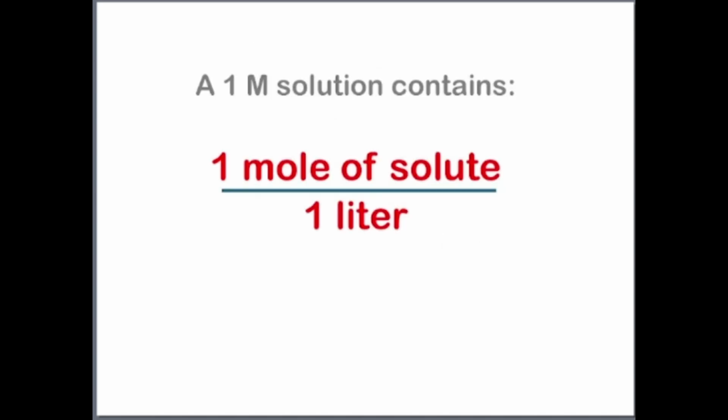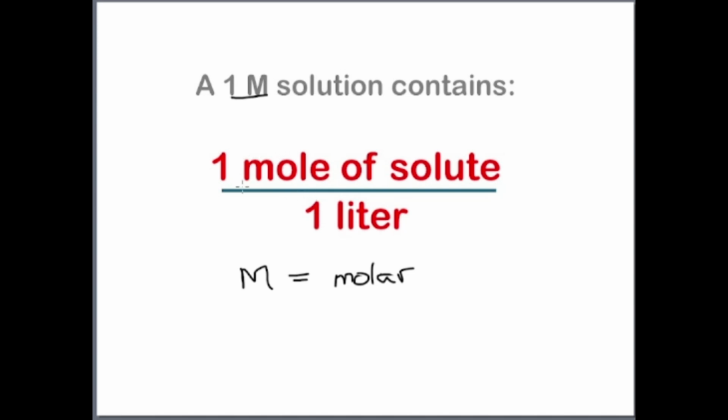Moving along, when we talk about 1 capital M, the capital M means molar, M-O-L-A-R. One mole of solute per 1 liter of water, or whatever the solvent is, is a 1 molar solution.